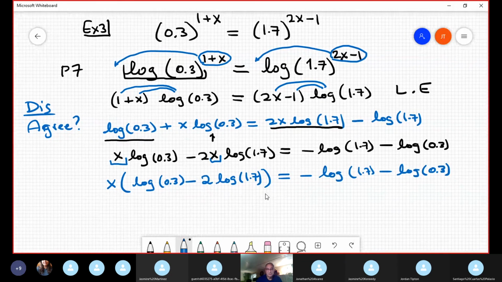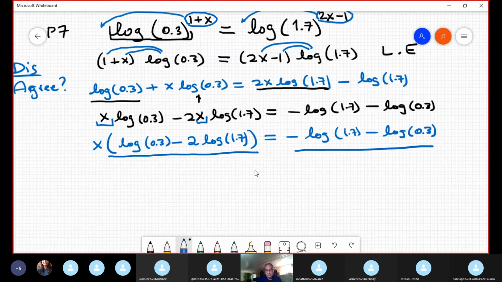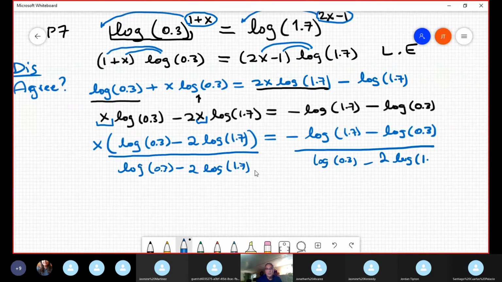You divide both sides by this factor. Divide by log 0.3 minus 2 log 1.7. I copy exactly the same here: log 0.3 minus twice logarithm 1.7. And this cancels and stays x.